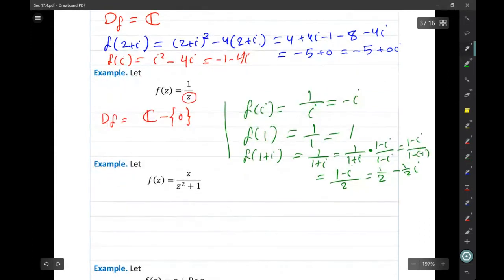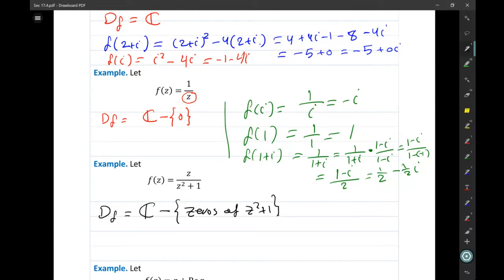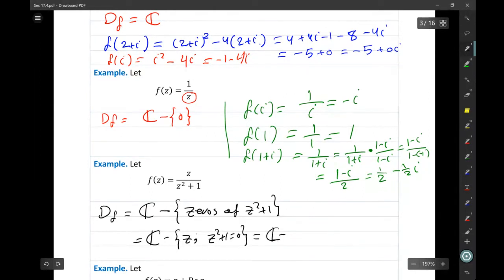Let's see the next one. It says f of z is equal to z by z squared plus 1. How can we calculate the domain? The domain of this function f will be the complex numbers except the zeros of z squared plus 1, which means the set of all complex numbers except the complex numbers z such that z squared plus 1 is equal to 0.